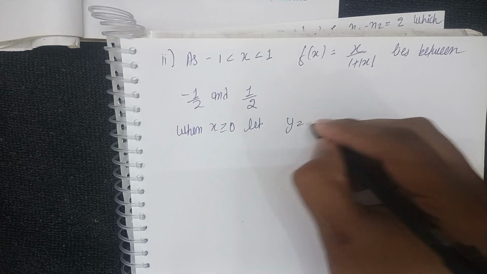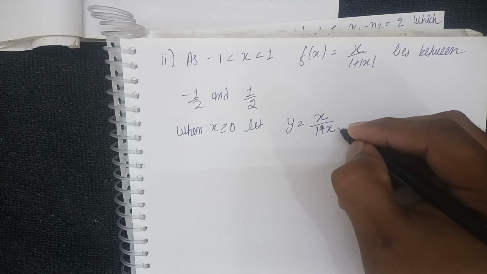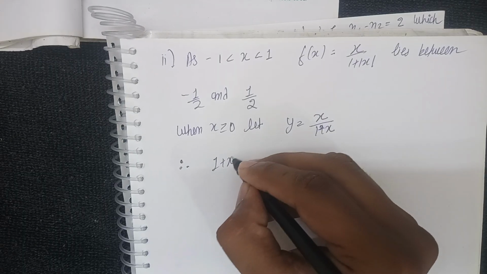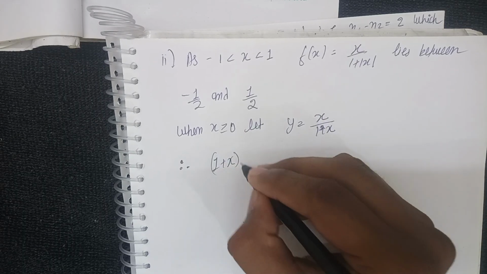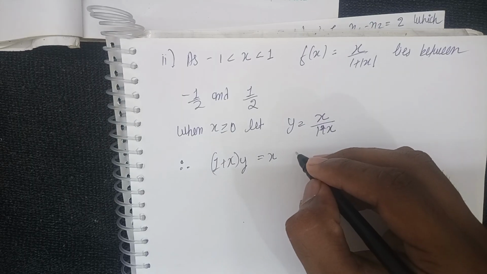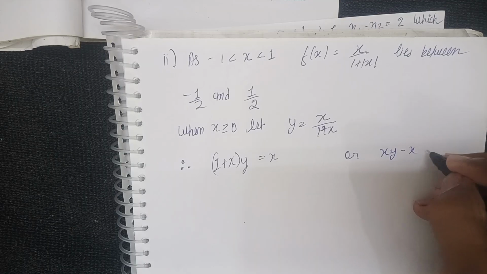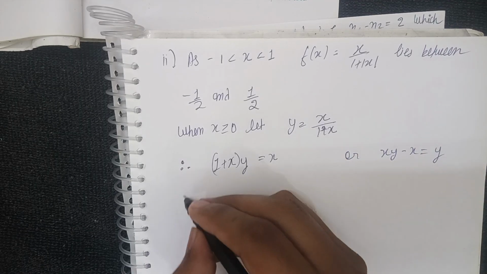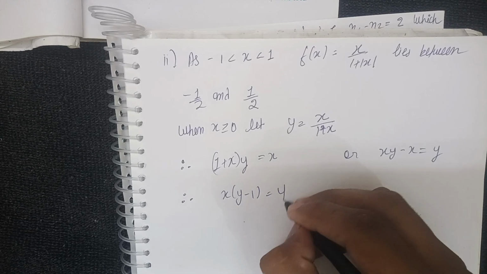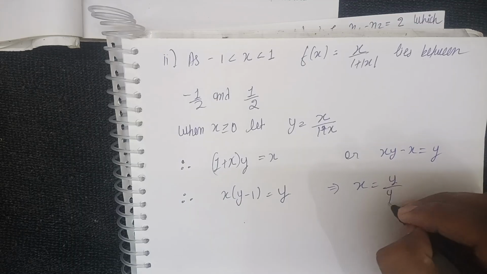Let y be equal to x upon 1 plus x. Therefore y(1 plus x) is equal to x, xy minus x is equal to minus y. Therefore x is equal to y upon 1 minus y.